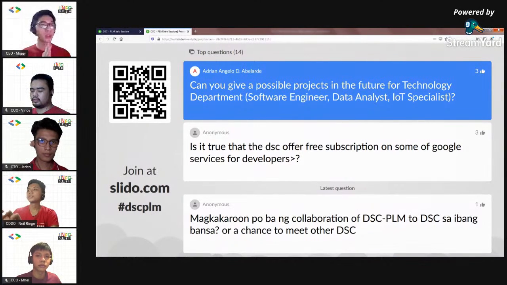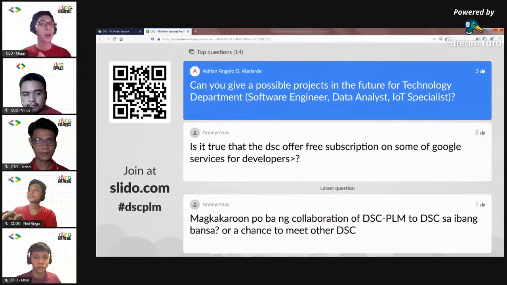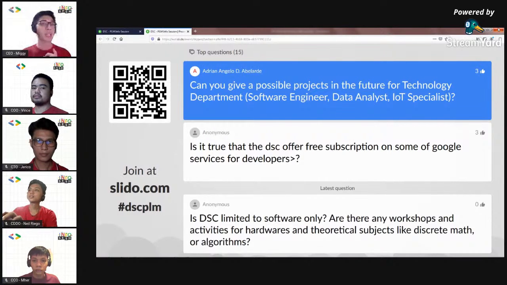But no, we don't have yet. But of course, if you would be part of the technology department, the usual things that you will be doing is developing apps like a mobile app or maybe a web app, or maybe you will be assigned to deploy them on the cloud or things like that. So those are the general overview. But again, specifics we don't have yet.